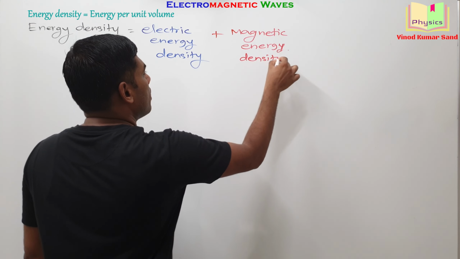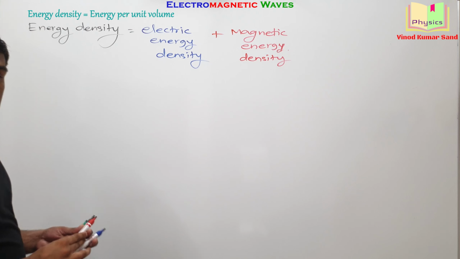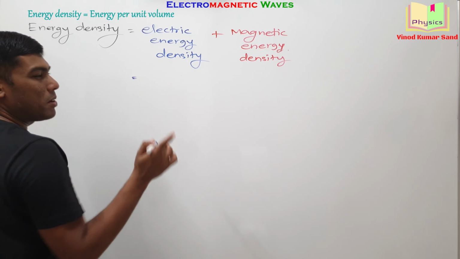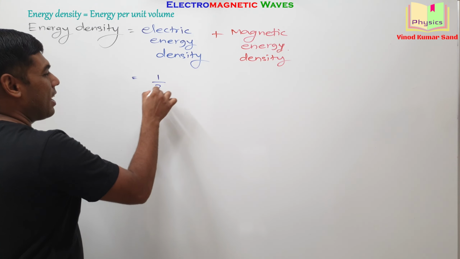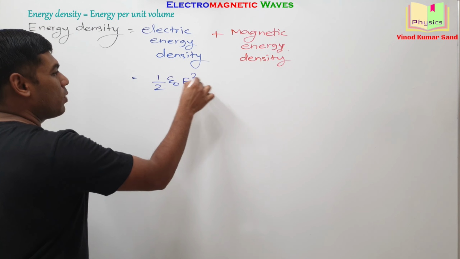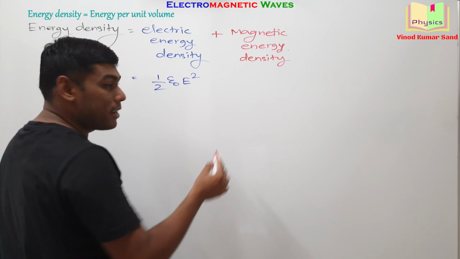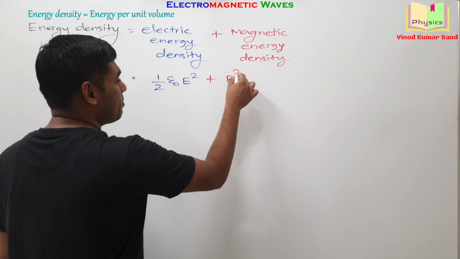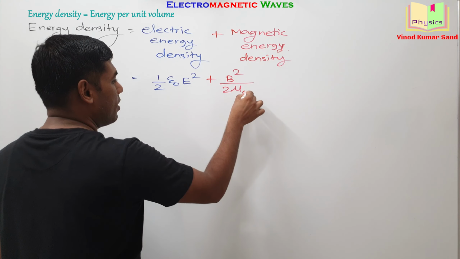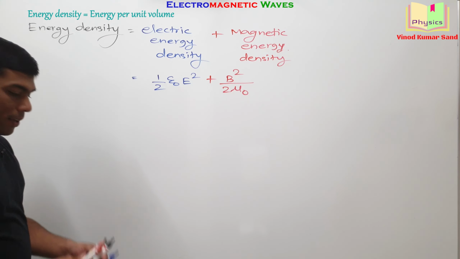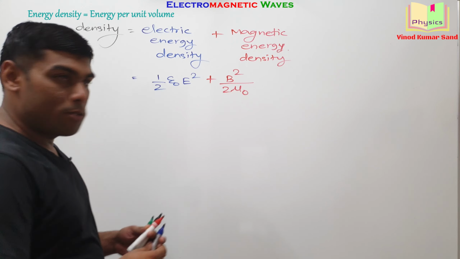Okay. The formula for the electric energy density, I hope you remember from electrostatics. It was half epsilon naught E square. And the formula for the magnetic energy density, in the chapter magnetism, you might have seen this. Okay, I'll be putting up the values.